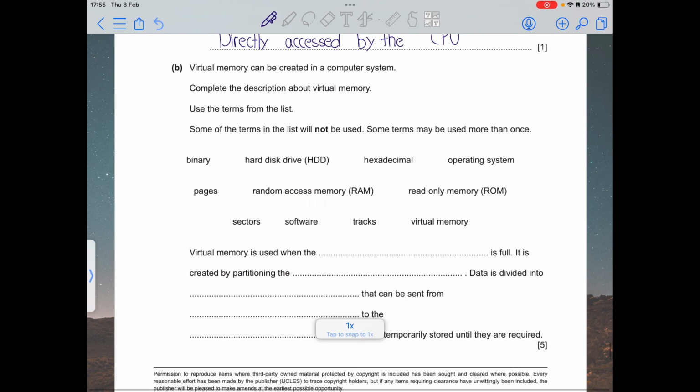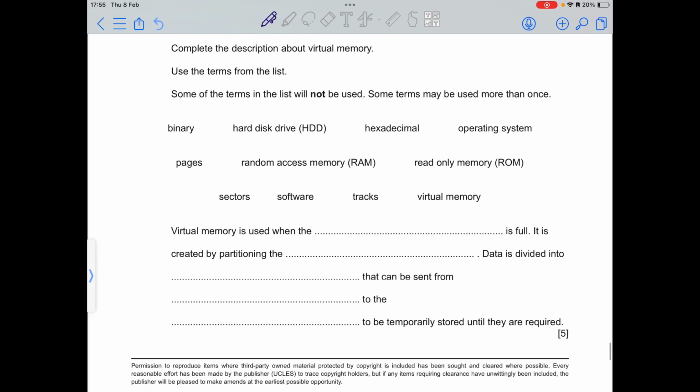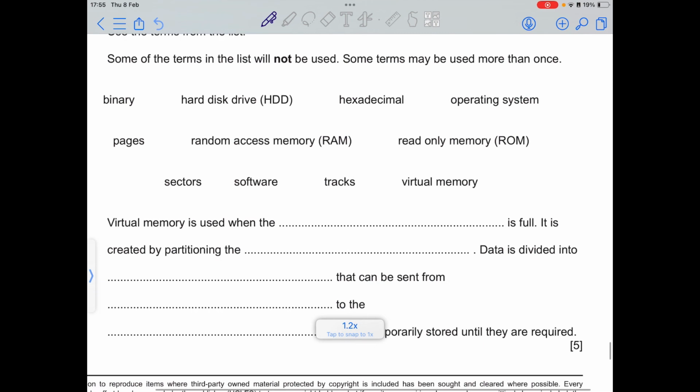Now here is a paragraph about virtual memory. Virtual memory is used when your RAM, random access memory, is full. It is created by partitioning the hard disk drive.